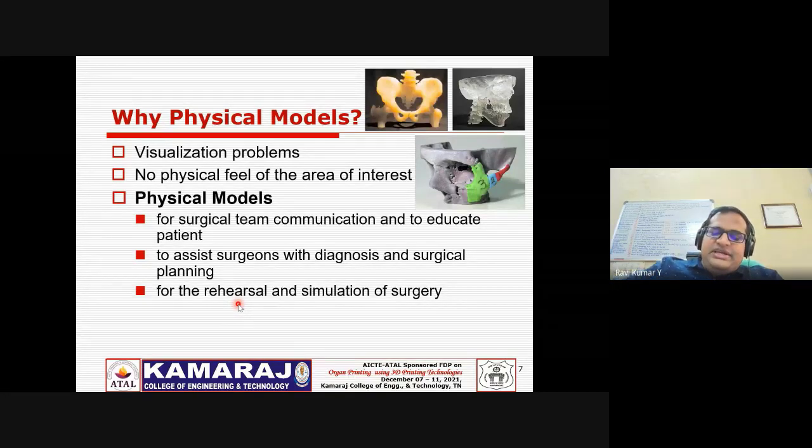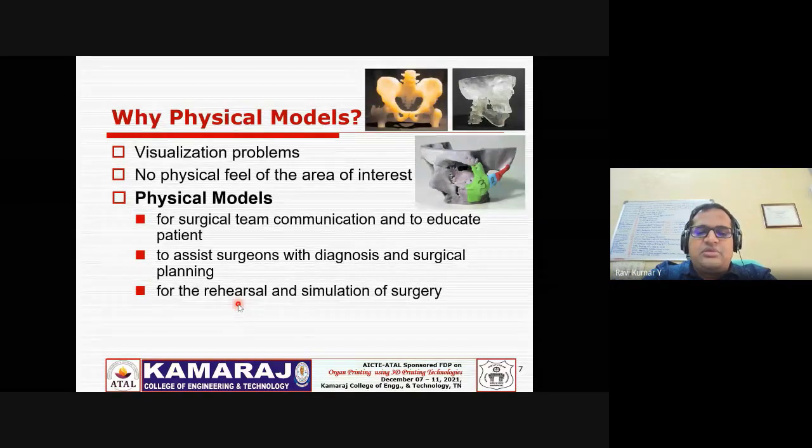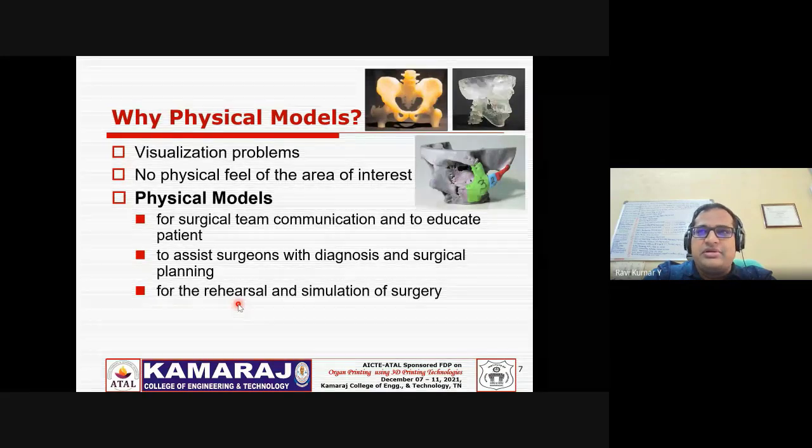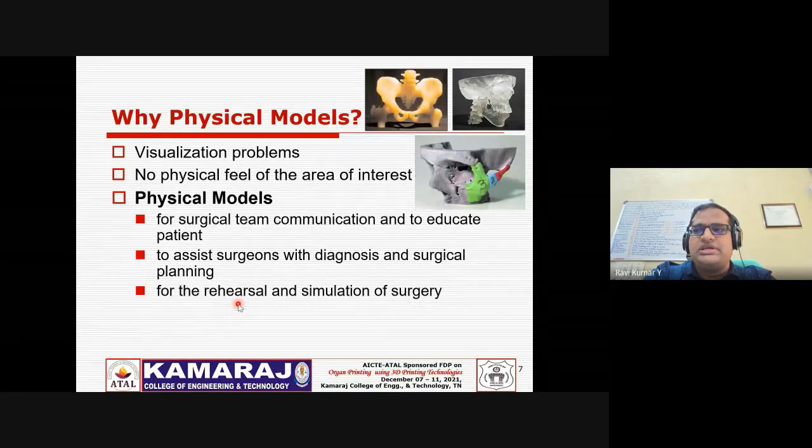And at the end of the day, the surgeon may come out with the best surgical procedure that never had been. It may even lead to an innovative surgical procedure, because of these physical models which they derived from the patient data. So that is the biggest advantage.